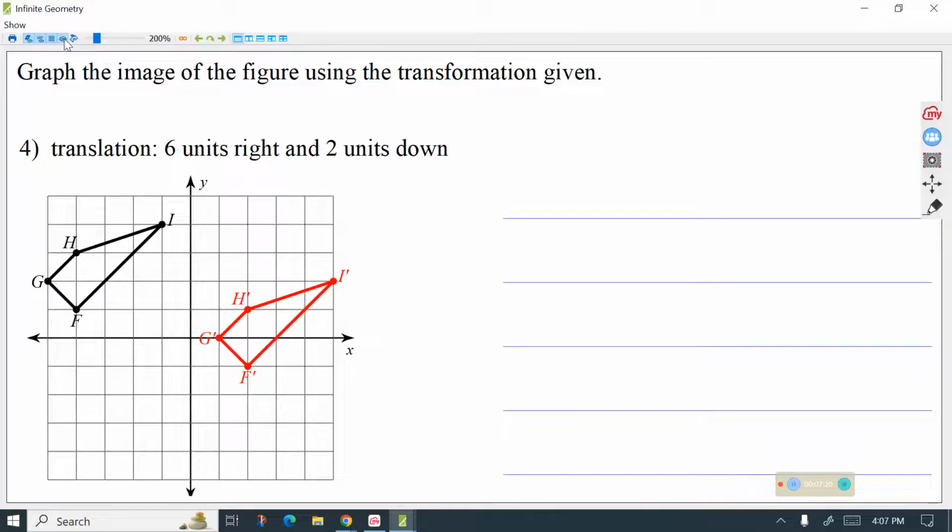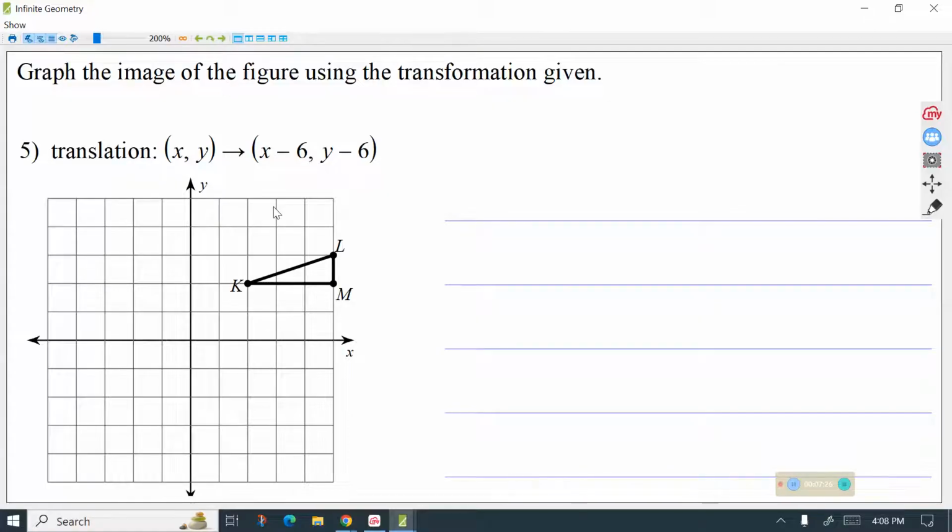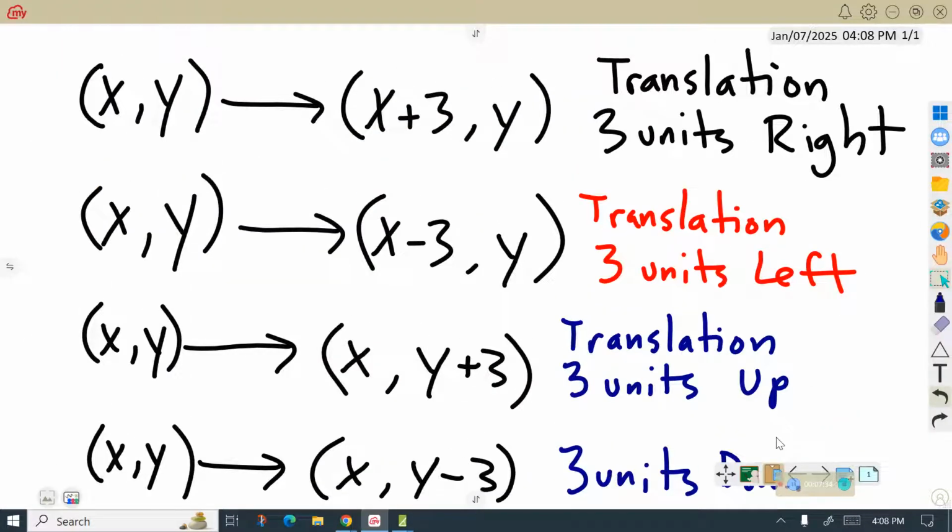Like I said, that is just the basic one when we give you the directions in words. But if I don't give you the directions in words, that means we have arrow notation, something that looks like this. To understand what this means, we're going to jump into one of the slides I made.